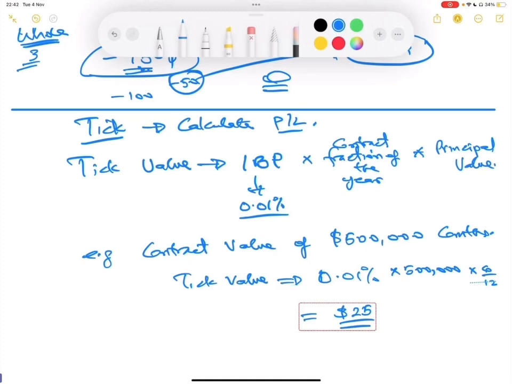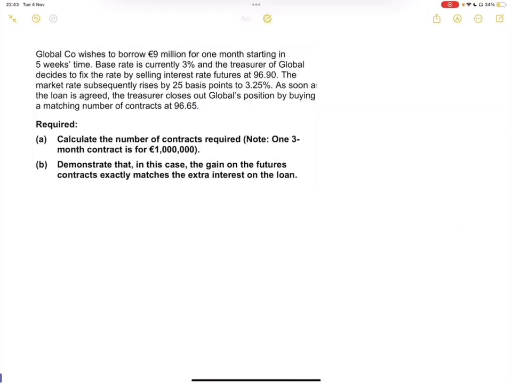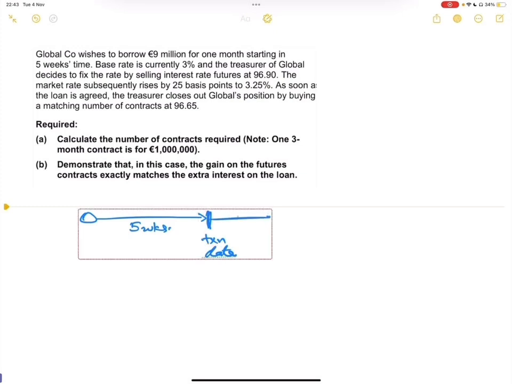Right? So if you see the Global example, this guy wants to borrow 9 million euro for just a month, and he plans to do it in 5 weeks' time. This is the transaction date, when he will borrow, and he will borrow for just 1 month.